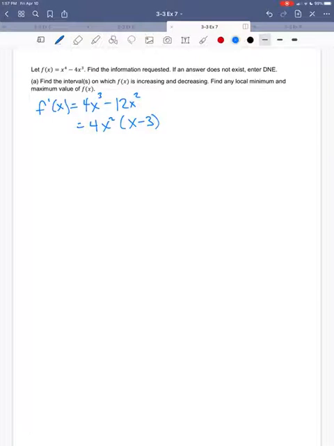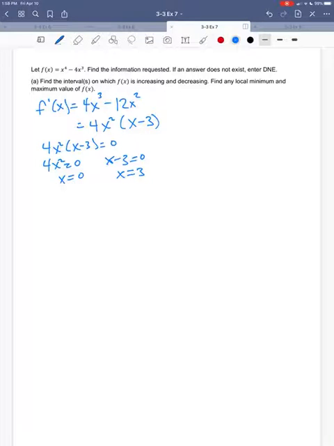So when I set this equal to 0, that's going to find any critical numbers. I get these possibilities, and of course if I divide and take the square root, the only solution here is x equals 0, and the solution here is x equals 3.